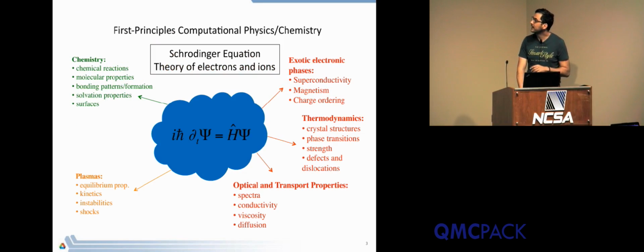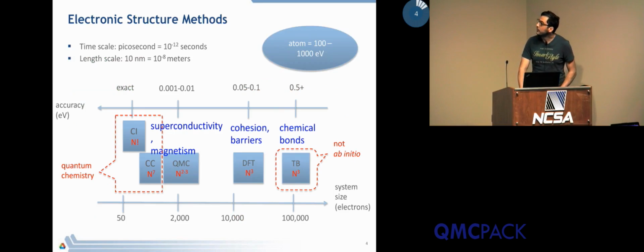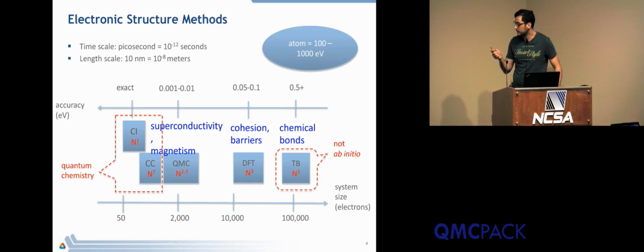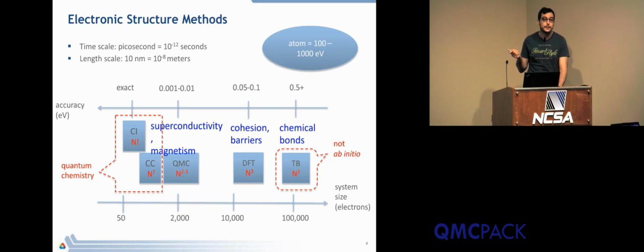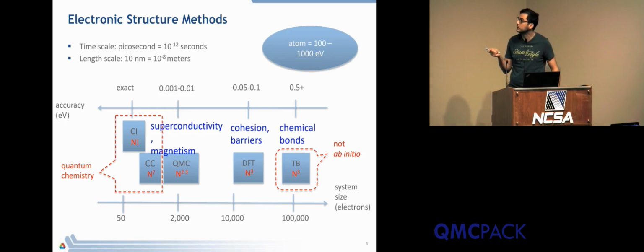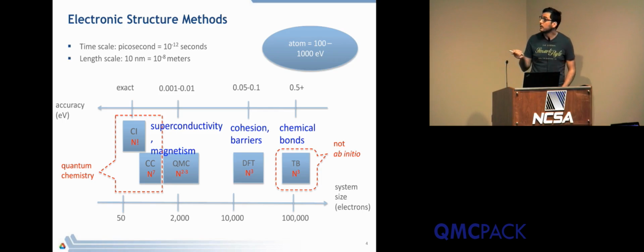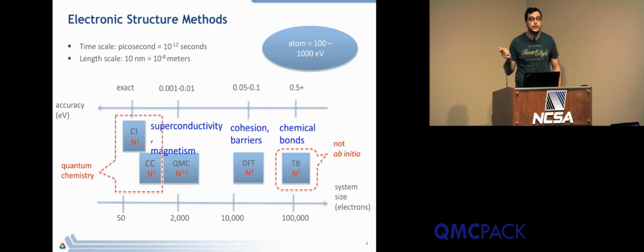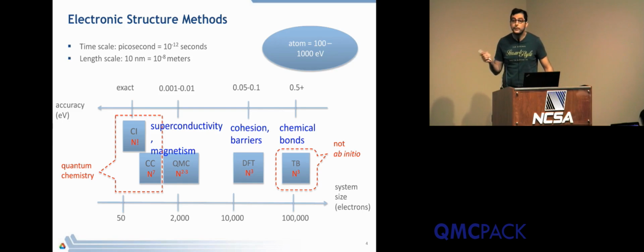So we all know that choosing a wave function or a method depends a lot on what you're trying to solve. Depending on the nature of the property you're trying to get, if it's cohesive energies, chemical bonds, or something very accurate and small like magnetism, you need to change the level of theory. The good part is that you can mix these levels of theory with QMC to generate your wave function whenever you want.